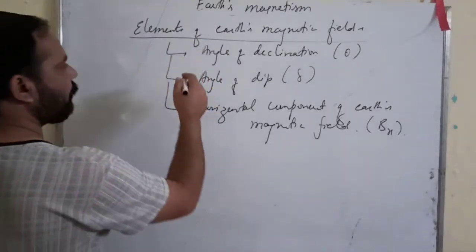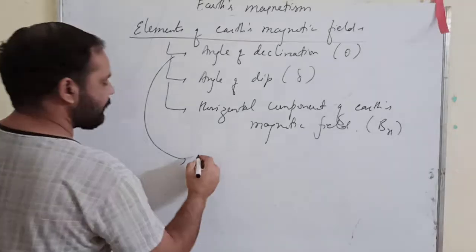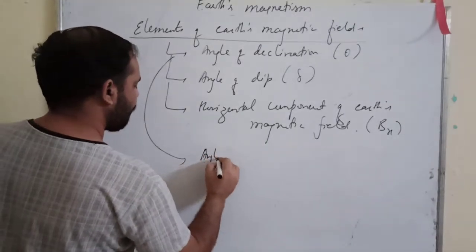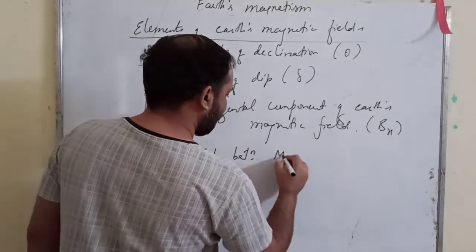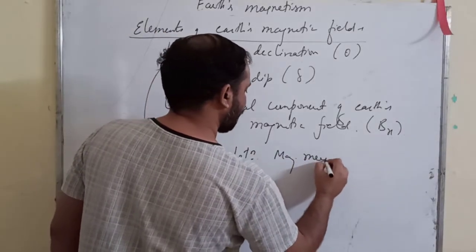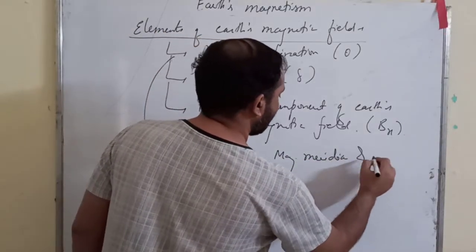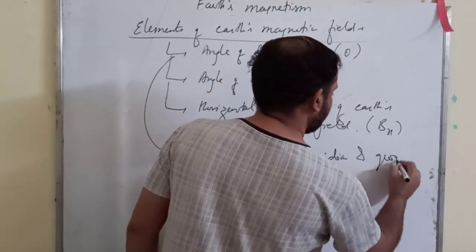First, what is the angle of declination? It is the angle between the magnetic meridian and the geographic meridian.